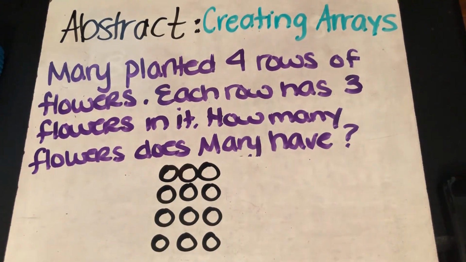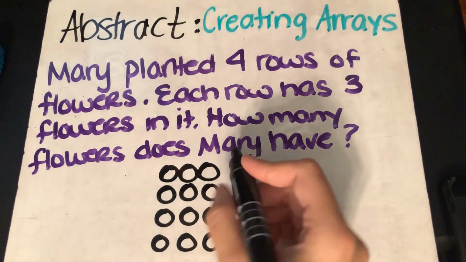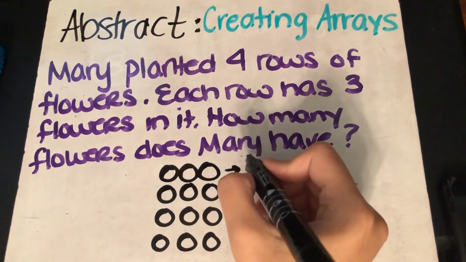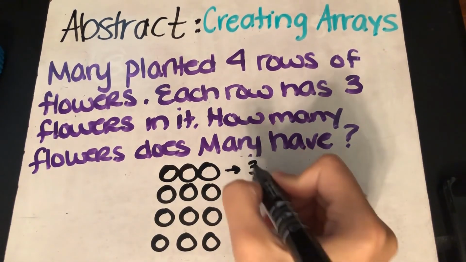So what we want to make sure is that our students are labeling their rows when creating a repeated addition sentence, not the columns. This may not seem significant right now, but knowing the difference between a 3 by 4 and a 4 by 3 will help them in multiplication in later grades. So we know that in every row, which we talked about was our horizontal lines, is 3.